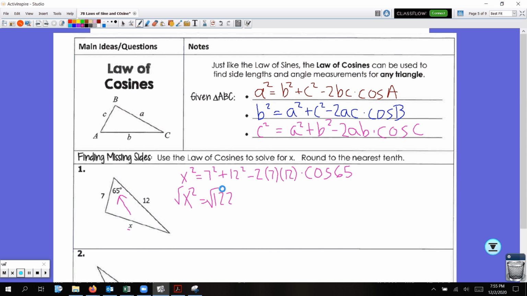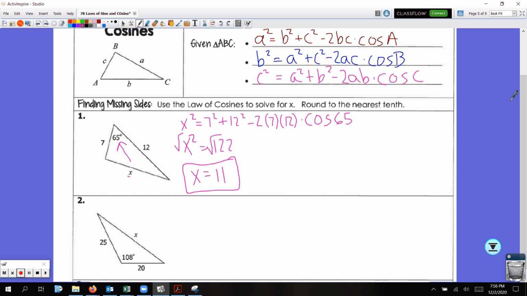I'm not going to ask you to put this in radical form. It is okay to have decimals here. So when we take the square root of 122, I get 11. Duh, it's a perfect square. But that's the law of sines. I mean cosines. Please forgive me. All right, let me do another example for you.